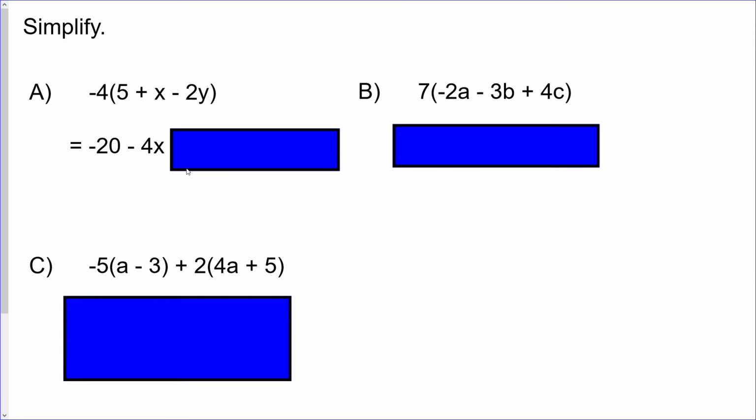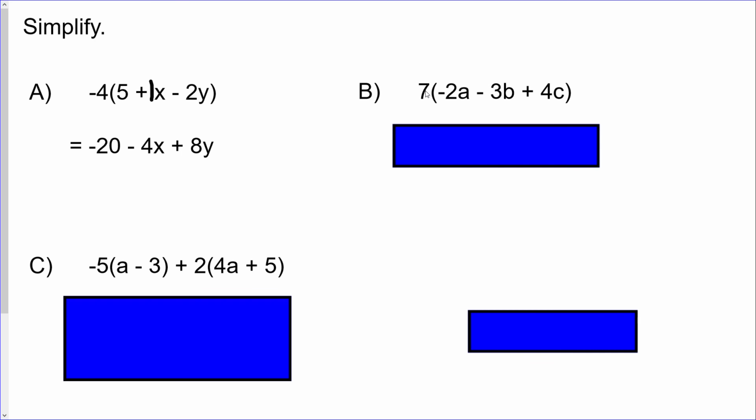Because really there is, we just don't typically write it. It's really 1x. So we're doing negative 4 times 1 and then x, and just keep that sign. So negative 4 times positive 1 would end up being negative 4. So subtract 4x. And then negative 4 times negative 2 would become positive 8 if you remember your integer rules, and then the y just sticks around.